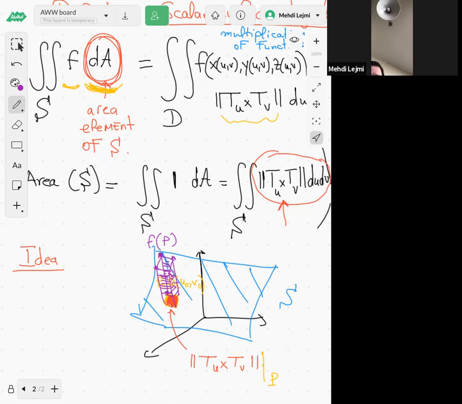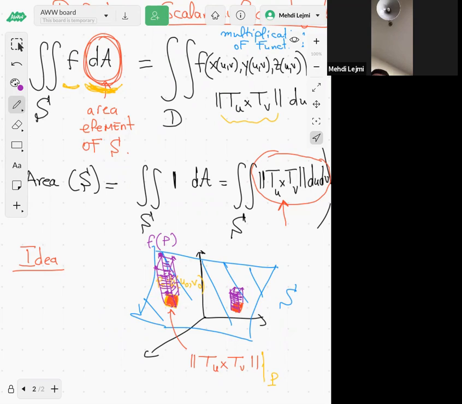Of course, you do the same for all the small parallelograms. There's another small parallelogram here, and you multiply by f. In this case, f at the point P would be kind of smaller, so you get a smaller volume, and so on.